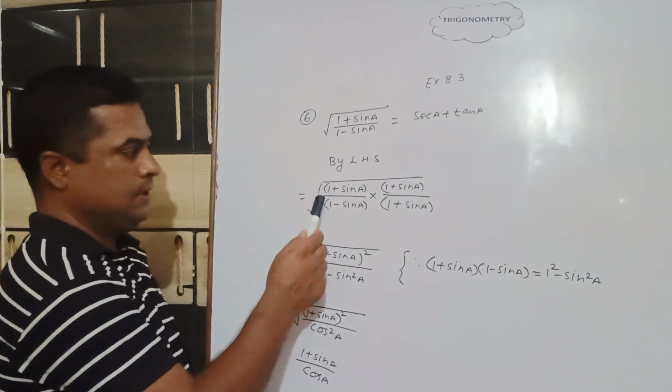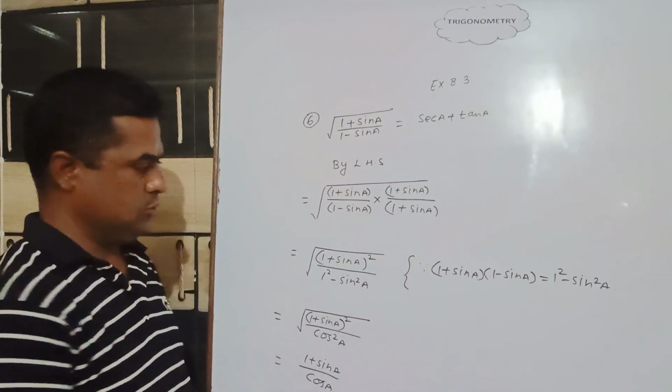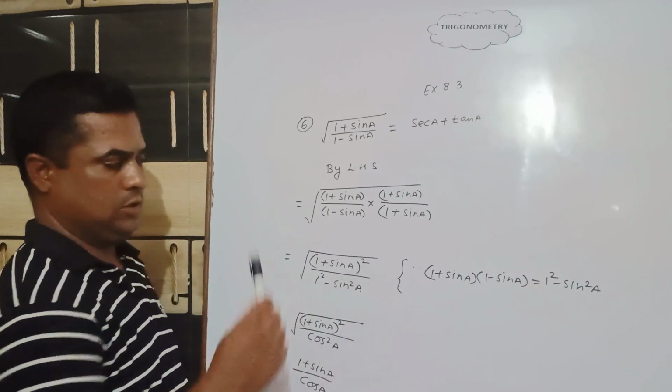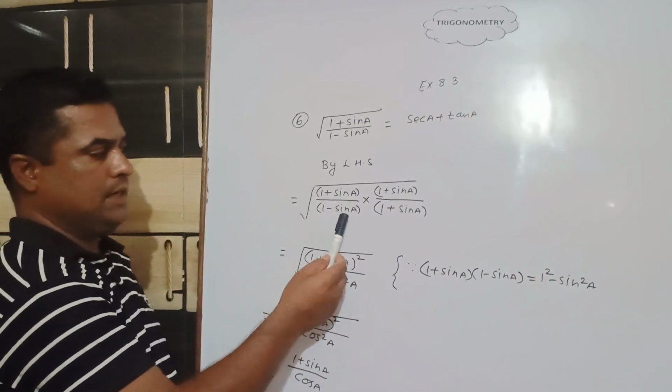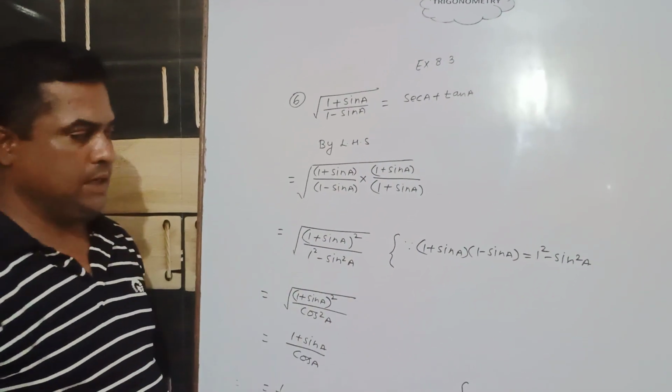Students, what will we do here? 1 plus sin A, 1 plus sin A, these two are same terms, so we can write here 1 plus sin A whole square. In the denominator, A minus B, A plus B, this will be A square minus B square.